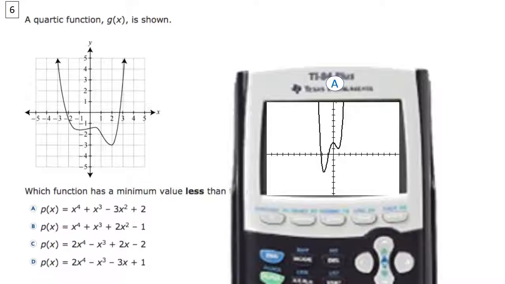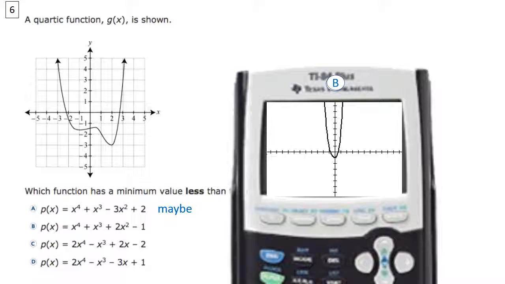Now, here's my minimum. My absolute minimum is one of my relative minimums. And it looks like it's right about -3. Is it lower than -3? I don't know. There's only one way to find out. But right now I'm just going to record that as a maybe. Maybe something's going to be a little more obvious.